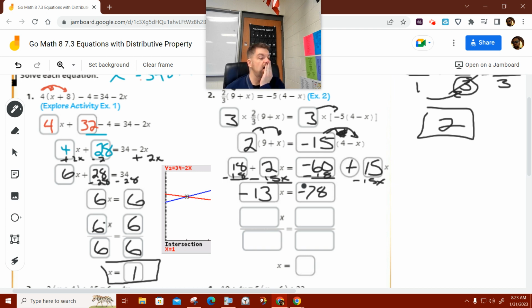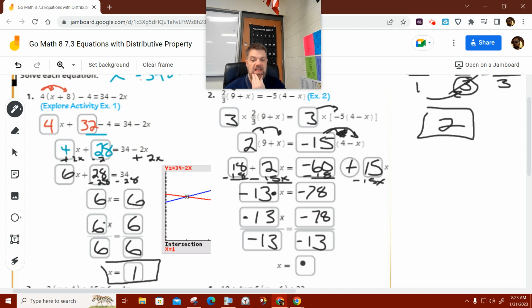All right. So now what do I do? Yeah, I've got negative 13x, right, is equal to negative 78. I realize now that my 1 over here looks like a 7. So this is a negative 13. All right, so I'm going to divide by negative 13. That's how you get rid of coefficients.